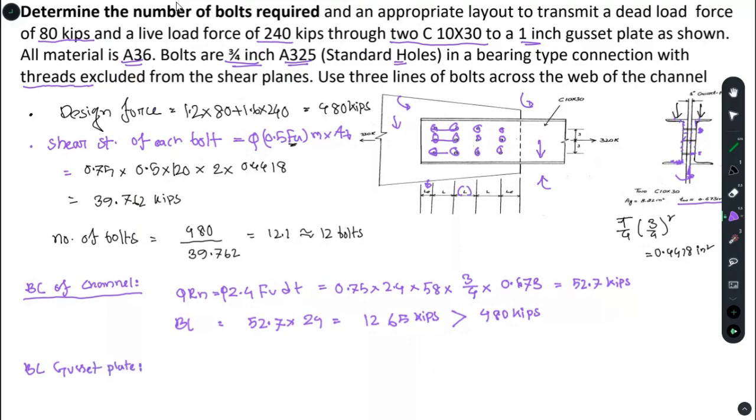For that, we have the same formula, which is phi Rn equals phi 2.4 Fu d t. In this case, phi is also 0.75.